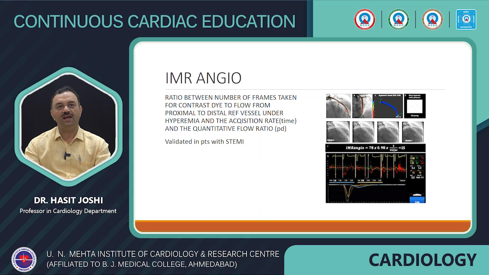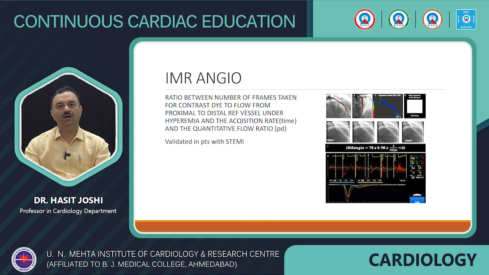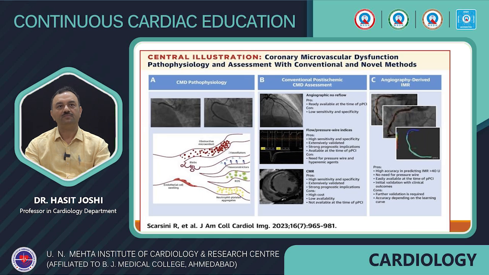There is another, NHIMR, which does not use hyperemia, and patients with hemodynamic instability can undergo NHIMR angio. So this can be done in our cath lab provided the software is installed.